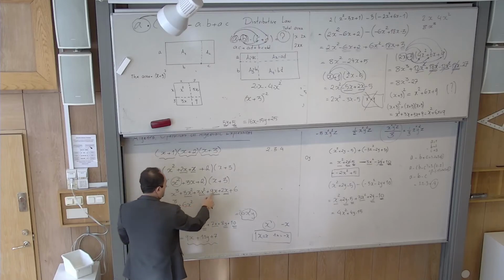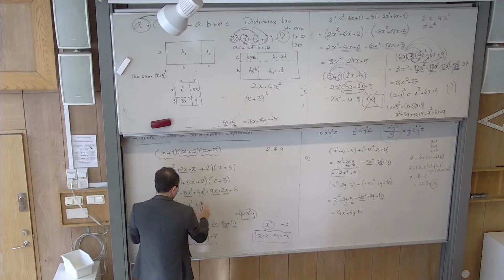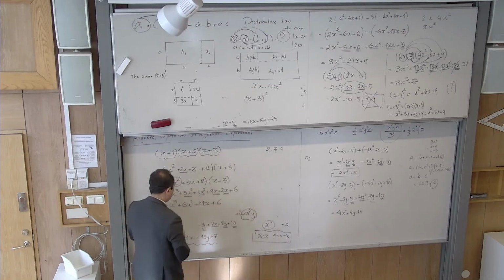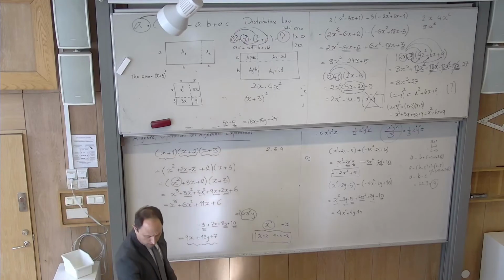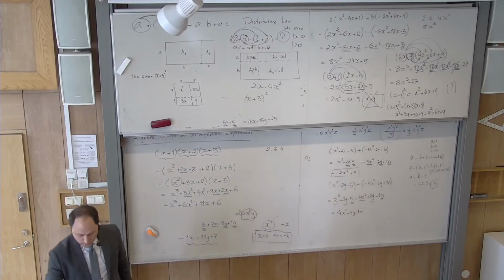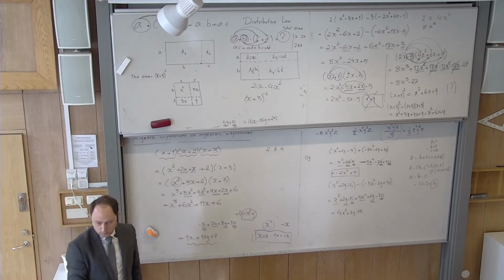And then 9x plus 2x is 11x. And then we have also 6. Okay? Okay. I think that is also to see this how it works in GeoGebra.